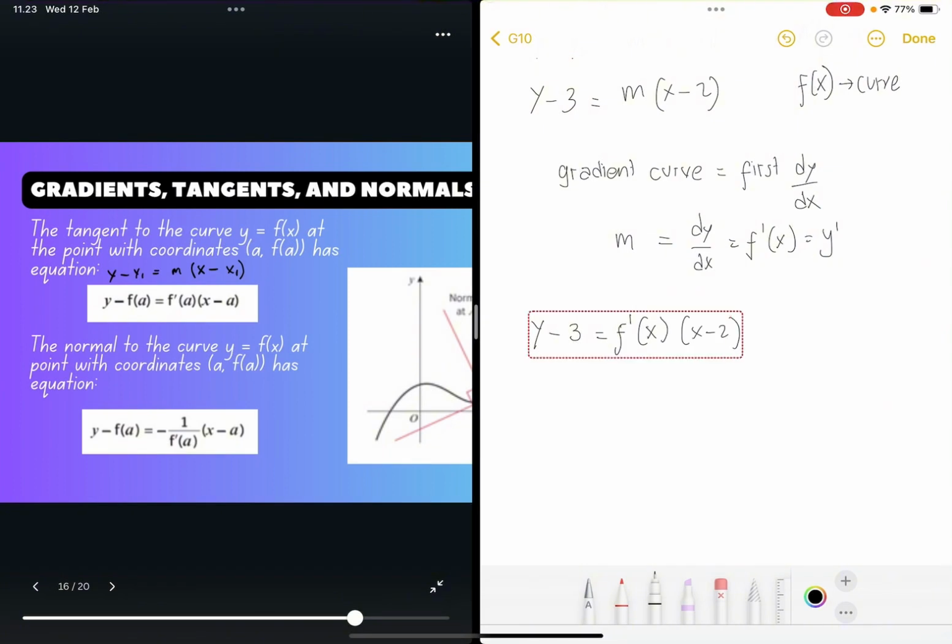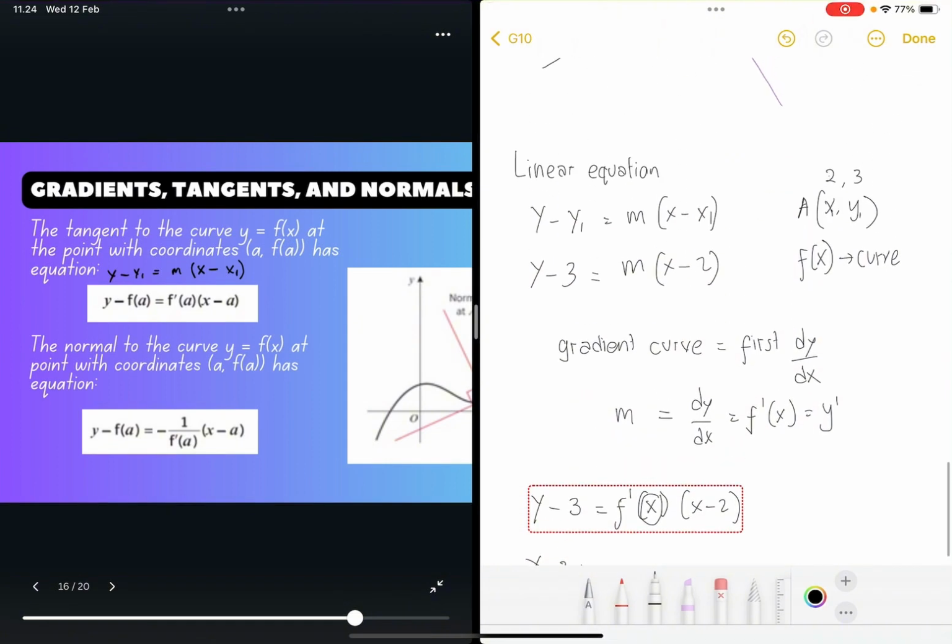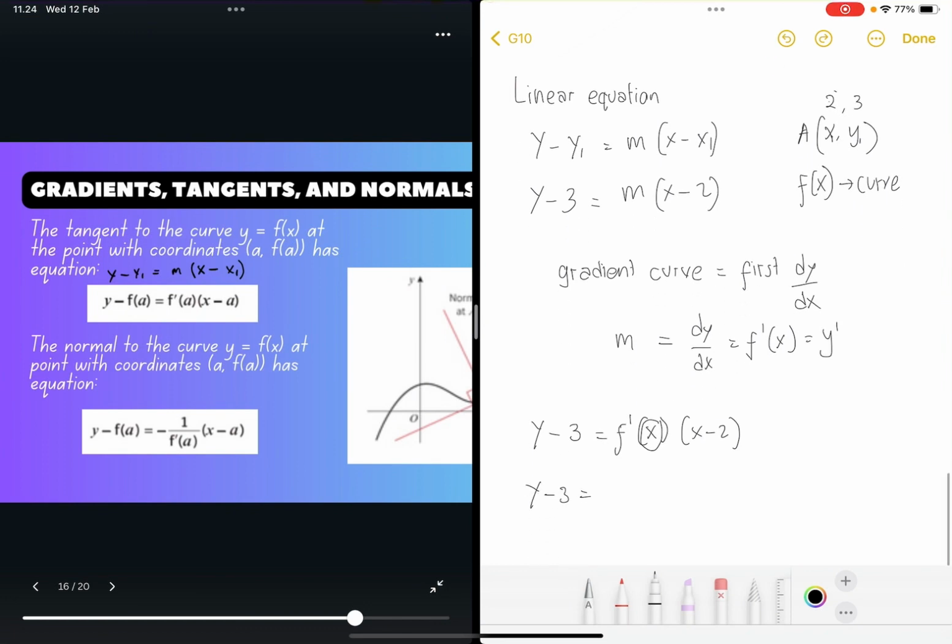And then, not yet finished, so that we know the exact value of the gradient, we need to substitute the value of x. With what value? With the value that was already given before. Got it? So we make it f'(2), x minus 2. Done.